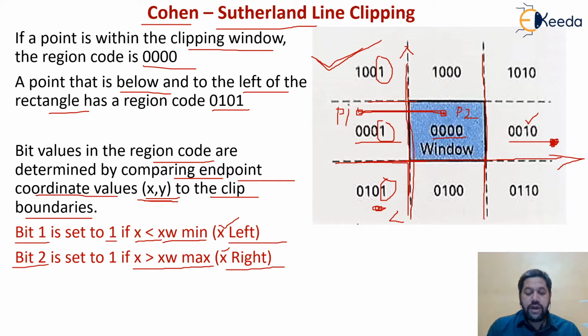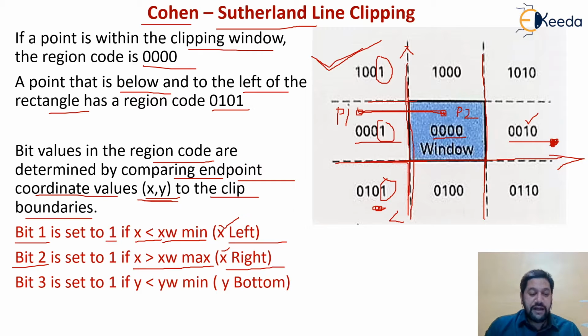Similarly, bit 3 is set to 1 if y is less than yw minimum, which means y is less than y bottom. So if the value of y is less than yw minimum, then I set bit number 3.